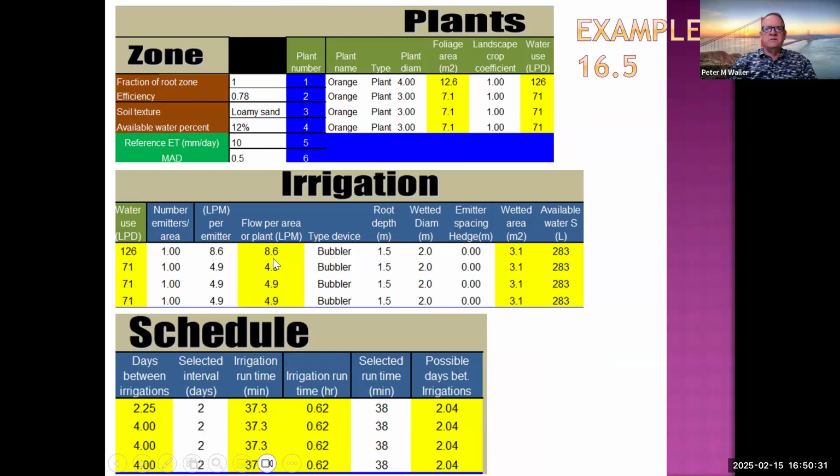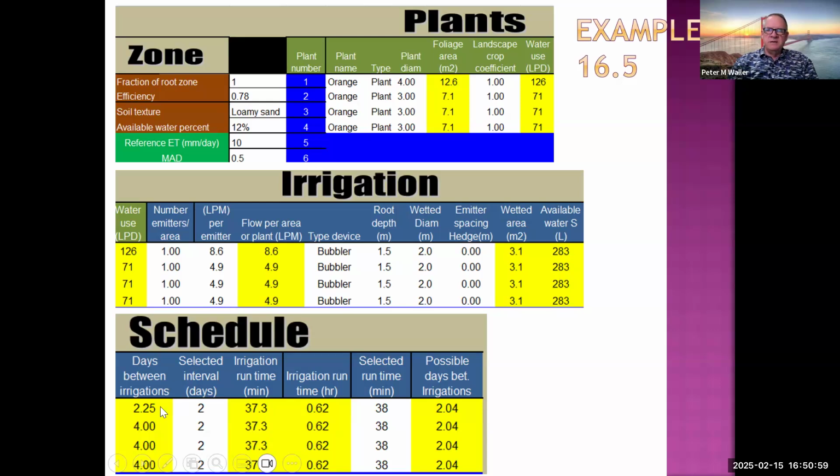So what you're going to do is just multiply 8.6 times 71 over 126 to lower the flow for the 3-meter diameter trees. And so those are 4.9. And the available water for all bubblers, because they all use the same 2-meter wetted diameter, is 283.